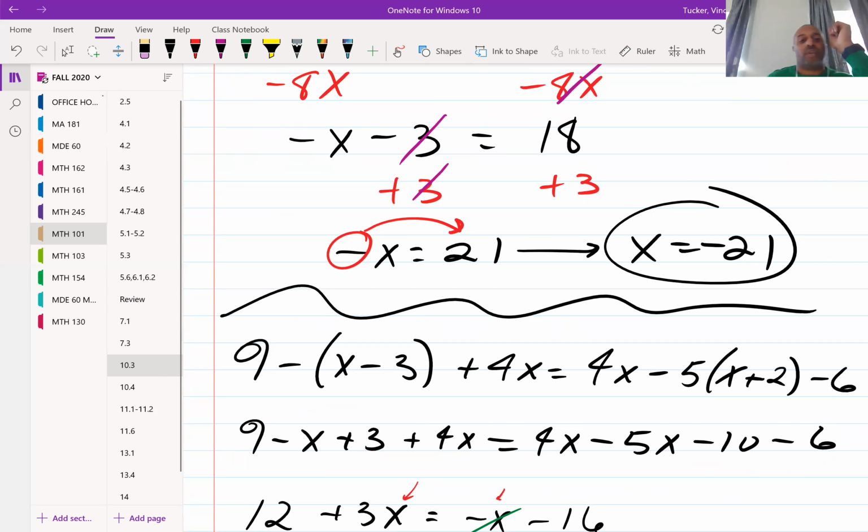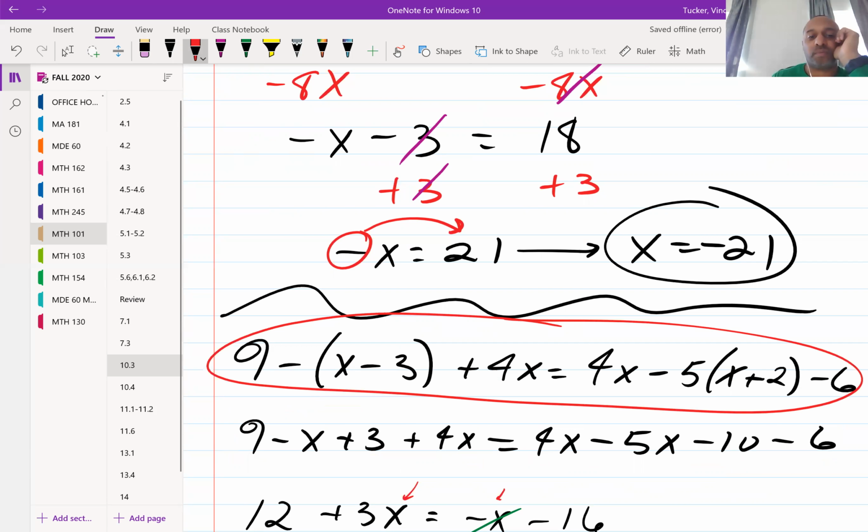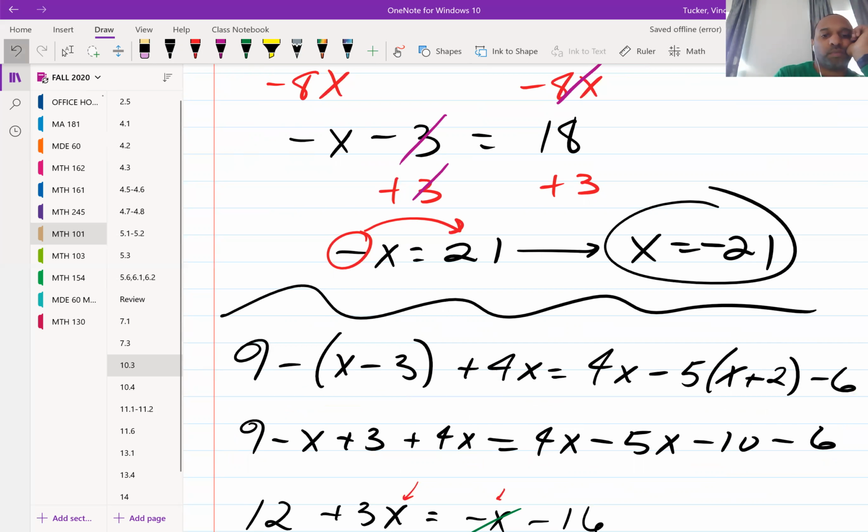All right, so here, instead of erasing every single thing, this is our original equation. And we have 9 minus the quantity of x minus 3 plus 4x equal to 4x minus 5 times the quantity of x plus 2 minus 6. So once again, we want to get rid of those parentheses first.